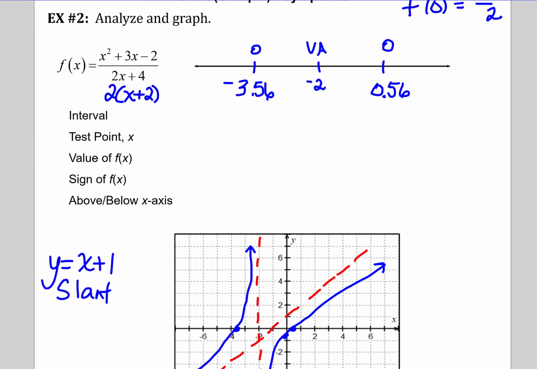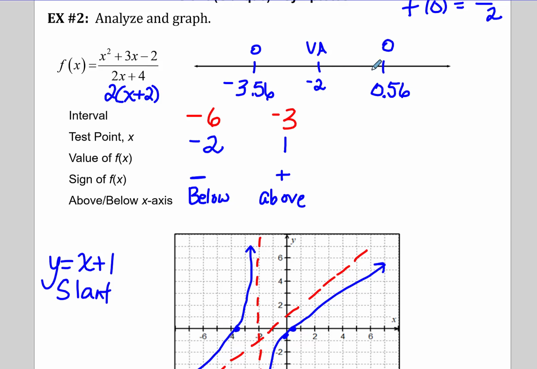But just to verify that for you, let me show you what I'm thinking of. If you substitute negative 6 into this function, your y value is -2, with that negative sign, you're below the axis. In this interval, if we substituted -3 into the function, you end up with 1, which is positive, so your graph is above the x-axis.